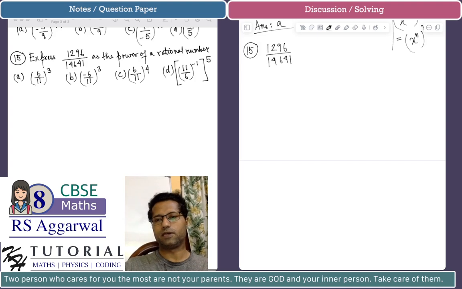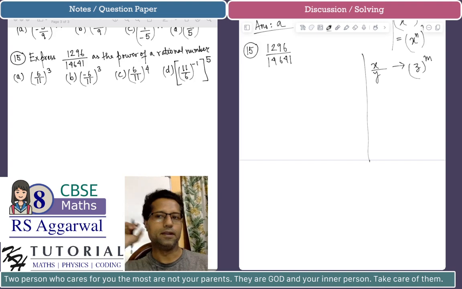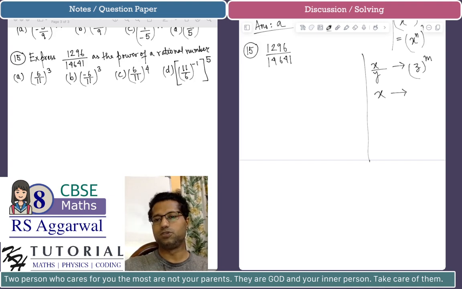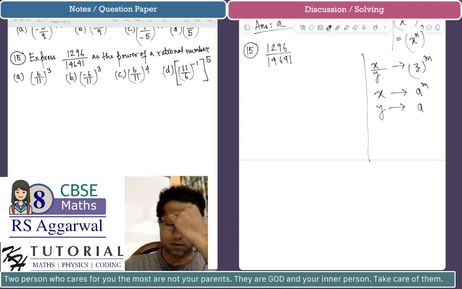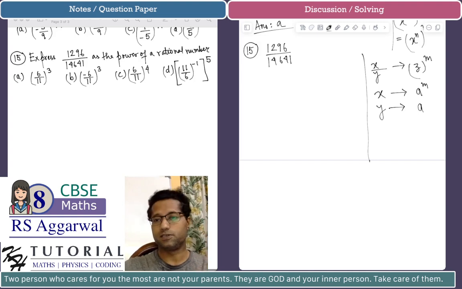If you are asked to convert a given rational number, let's say x by y, to the form of some rational number z to the power m, where m is some integer, then you can only do this if you can convert the numerator and the denominator individually into exponential form with the same power, not the same base but the same power.